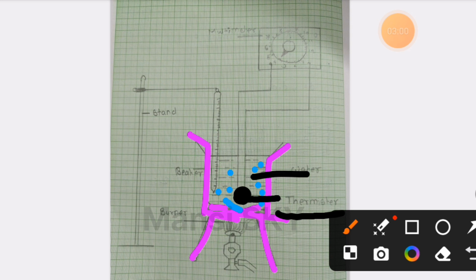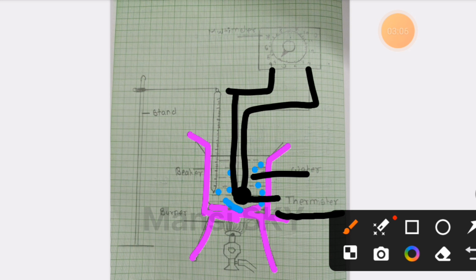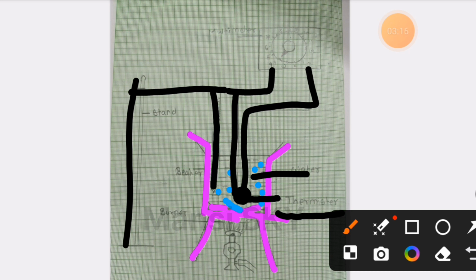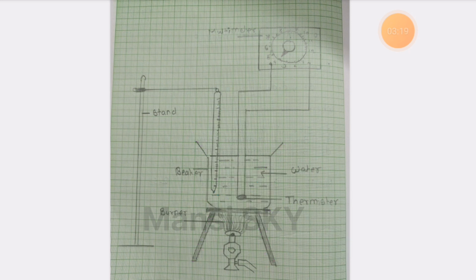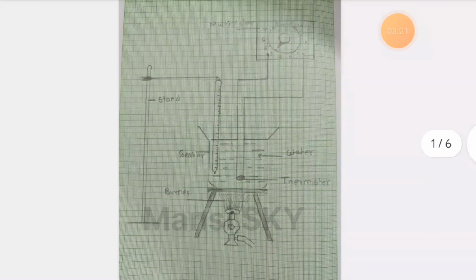Then we have water here, and as you can see, from the thermistor we have connected our DMM, which is the multimeter. So the multimeter is connected to what? The thermistor. And then we have a stand, and from the stand we connected the thermometer here. So the rough diagram of the practical is something like this.